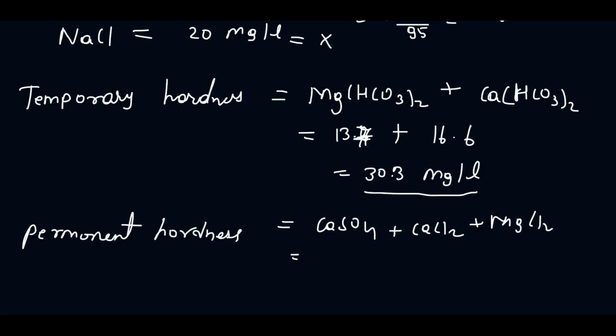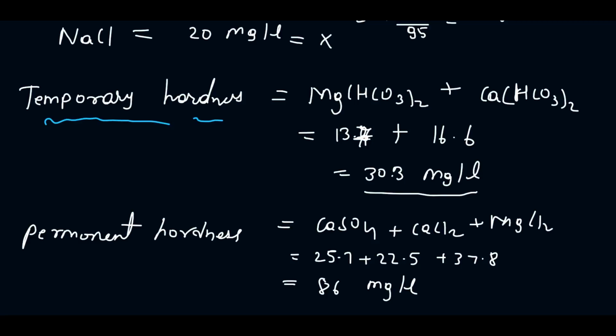Okay, so addition for this: 25.7 plus 22.5 plus 37.8 is equal to 86 milligram per liter. So this is how to calculate the temporary hardness and the permanent hardness in the given water sample.